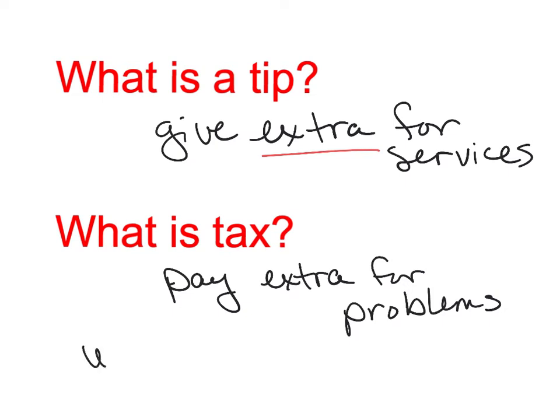And it's generally used to pay for construction, road services, things the government wants to help pay for. When they built the Xcel Energy Center in St. Paul or the new football stadium in Minneapolis, they raised the sales tax in those areas to help pay for those constructions. So it's just what you pay extra for things.